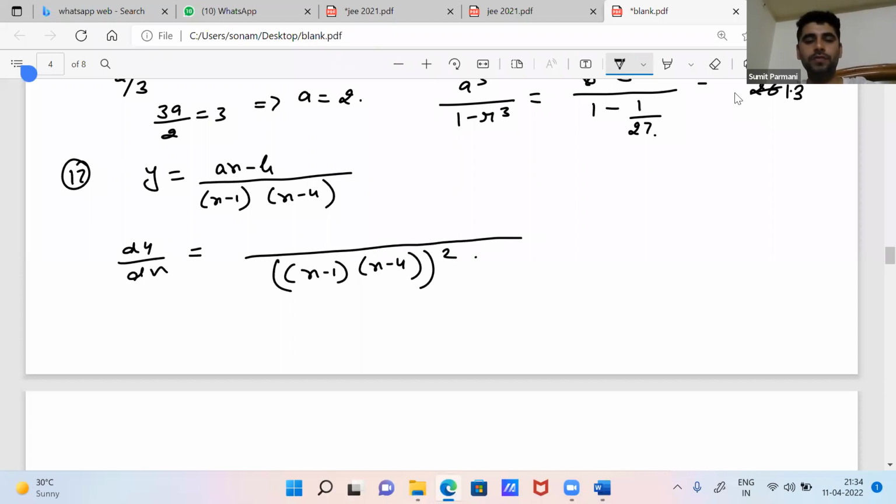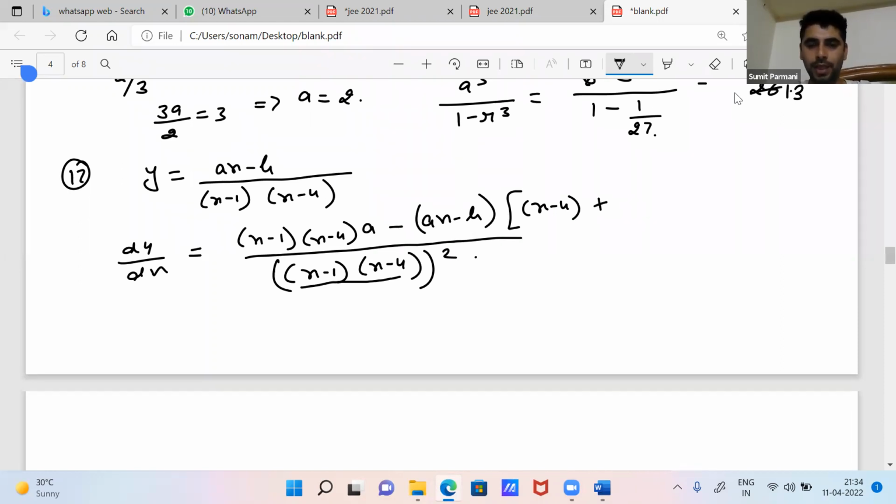By quotient rule, we can write the square of the denominator. First, differentiate the numerator, will get a. Then differentiate the denominator. So it will be ax minus b with that, by product rule, solve the denominator first. Solve this. So you will get in the bracket x minus 4 plus x minus 1.